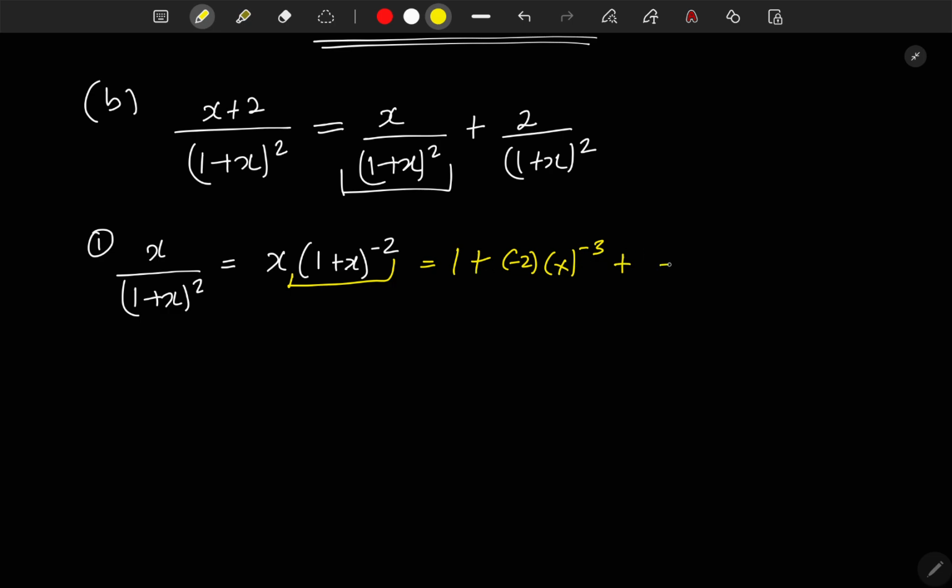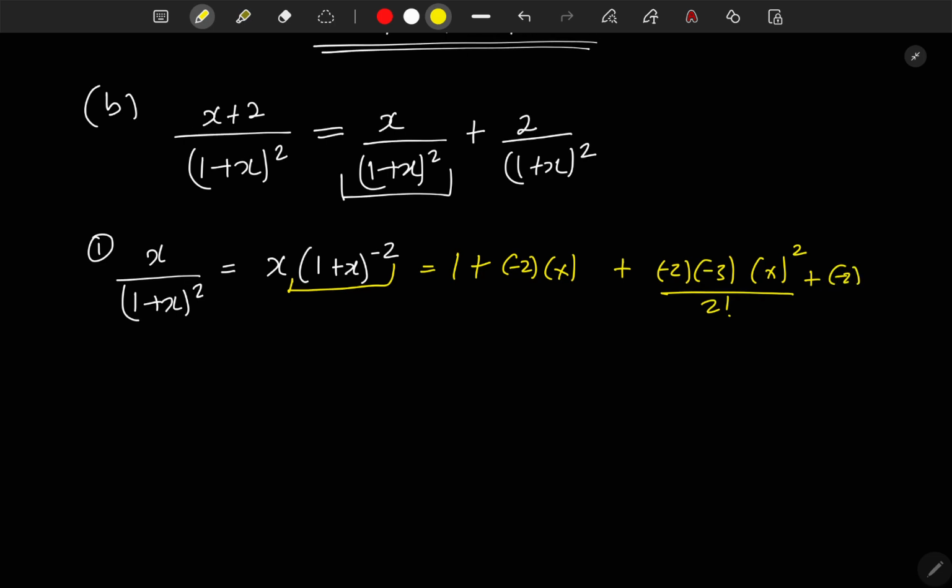We have negative 2, negative 3 drops. Then x, remember here there was just 1, so this one becomes squared over 2 factorial, plus negative 2, negative 3.